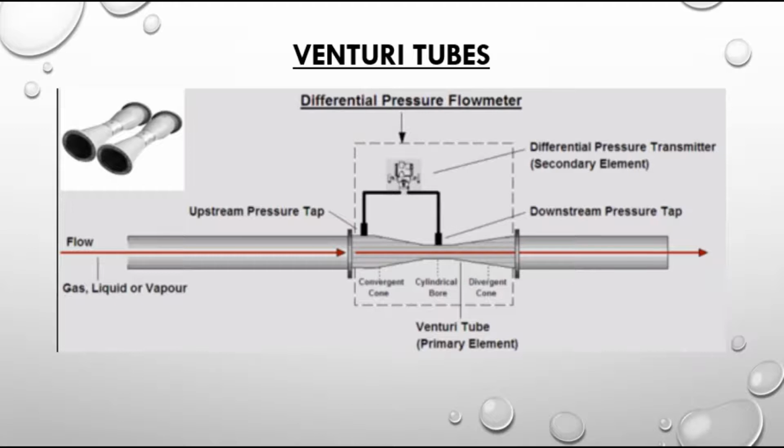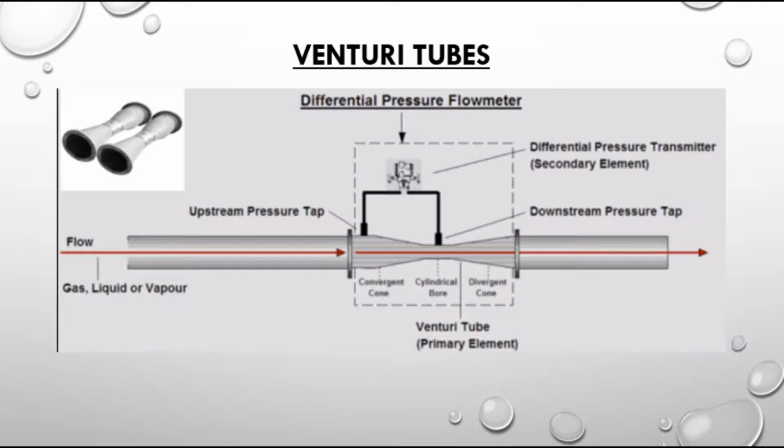The second type is Venturi tube. Venturi tubes consist of a convergent cone section, cylindrical bore, and divergent cone section. The cylindrical bore restricts the flow, which results in a pressure drop. The flow rate is slowed down and causes the pressure to drop also.